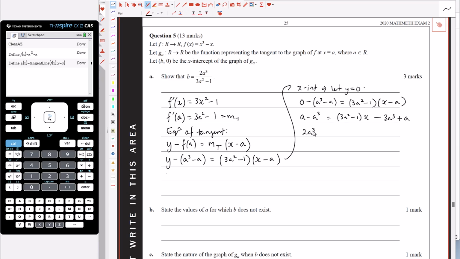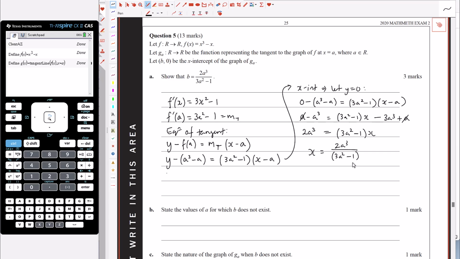And I'm going to subtract a, which will cancel with that a. And that equals 3a squared minus 1 times x. And so therefore x is equal to 2a cubed over 3a squared minus 1.